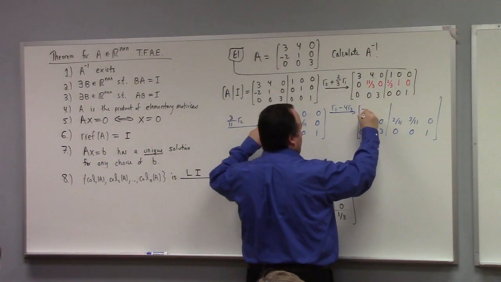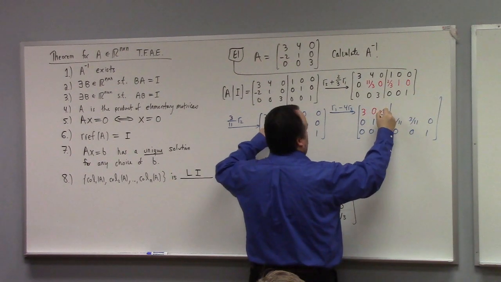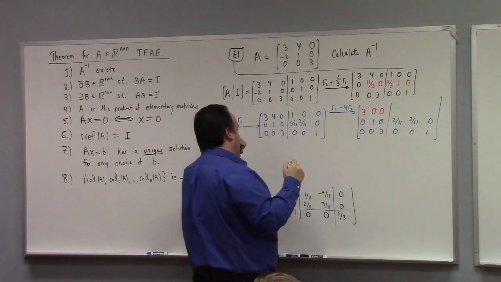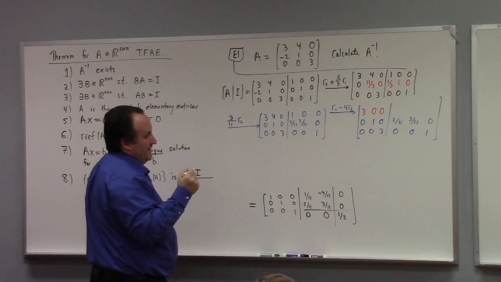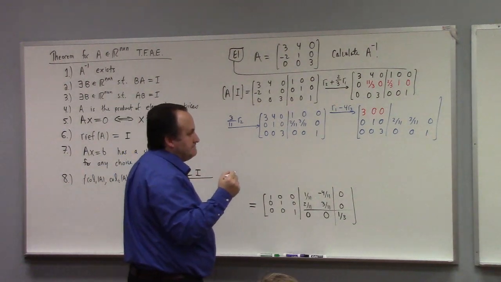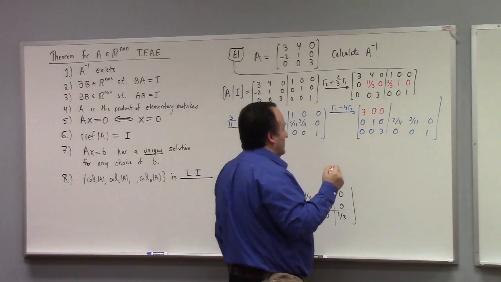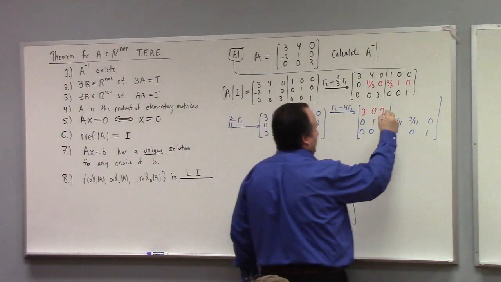We got ourselves a 3. We just cleared that 4 out, and that's still 0. And then I got what? 1 minus 8/11, which is what? What's 11/11 minus 8/11? It's 3/11. Yeah, 3/11 there.